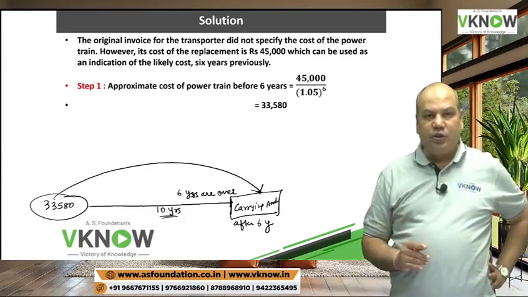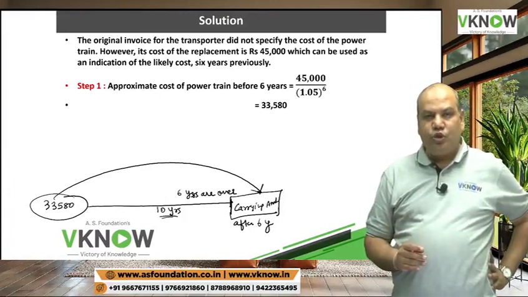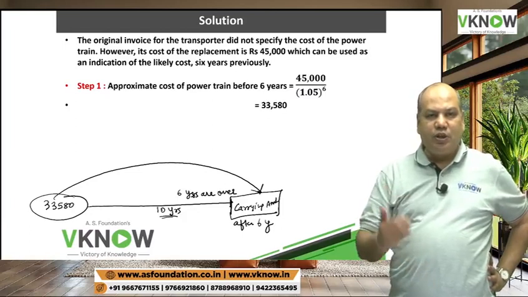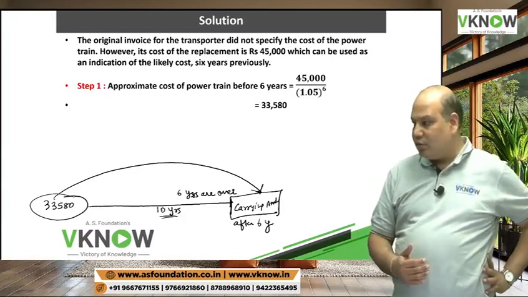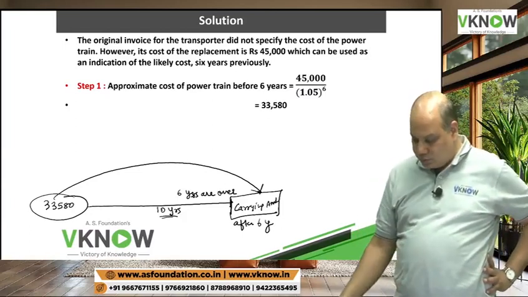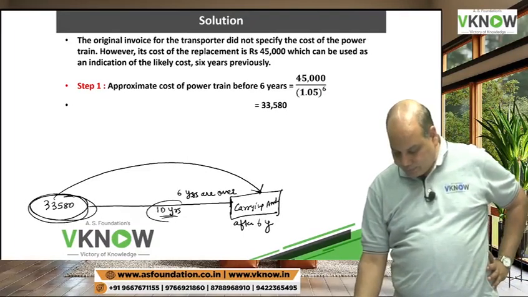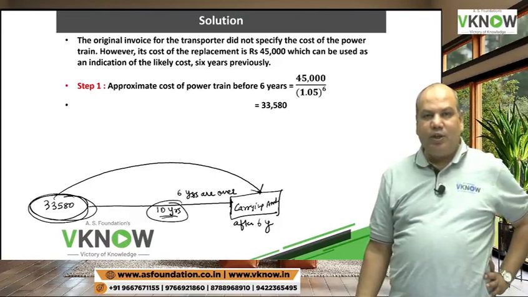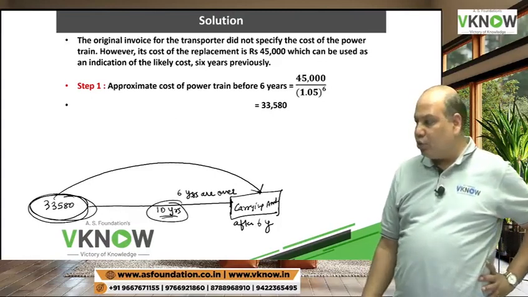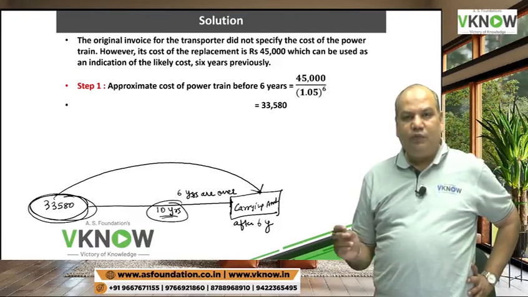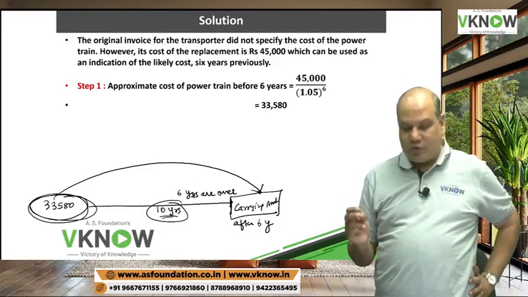Method of depreciation is straight line. Original useful life was 10 years, which means they are depreciating it over a 10-year period. 6 years are over. So you will divide by 10 and multiply by 6. That will give you total depreciation they have already charged. The balancing figure will be the carrying amount of this powertrain.